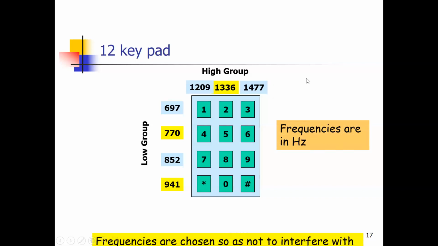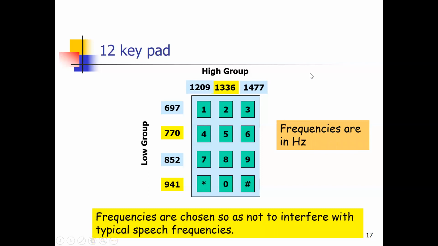So if, for instance, you press the digit 2, it will generate 697 and 1336 hertz. Those two tones will be generated and go down the transmission line.